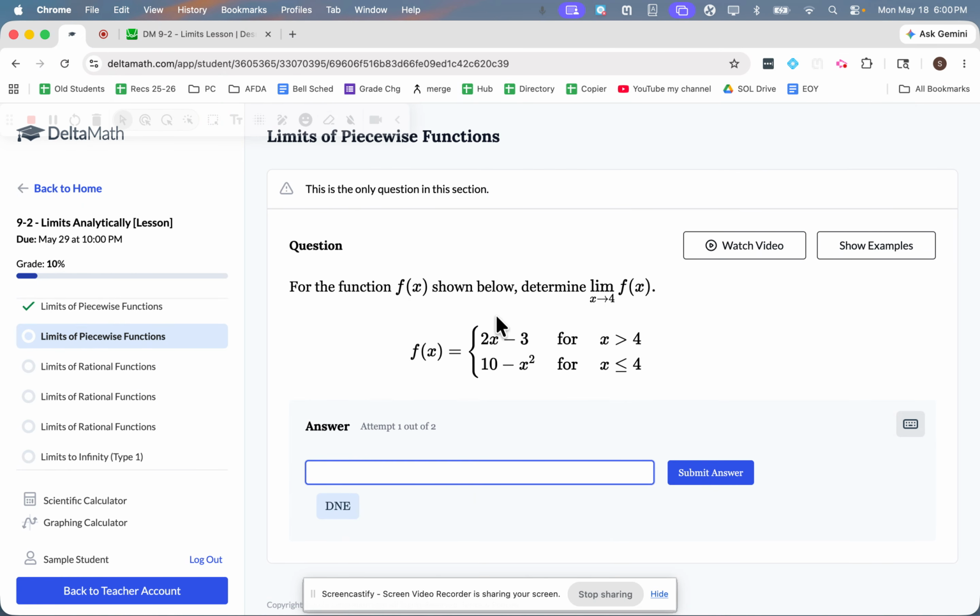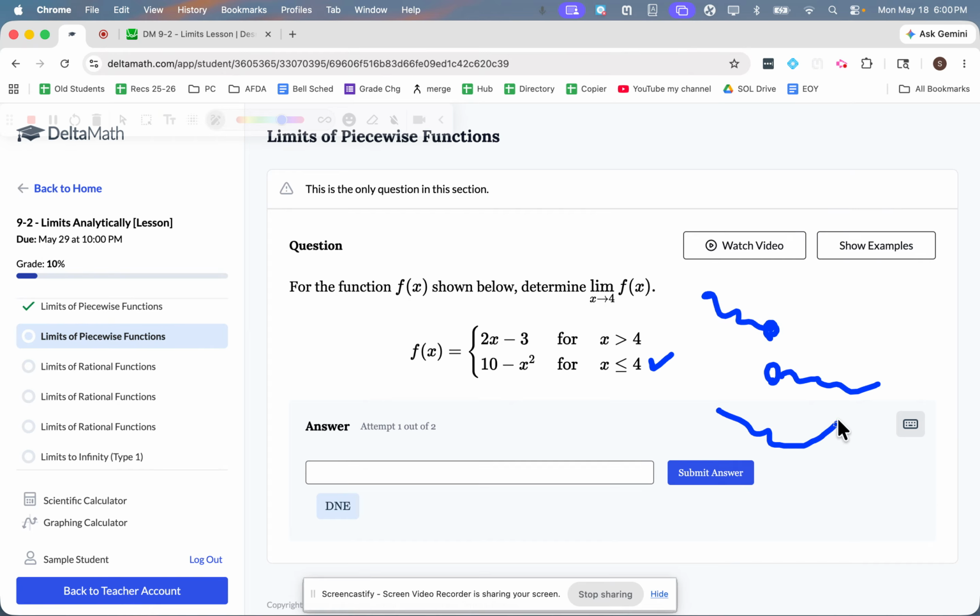We don't really need to know what it literally looks like. It could look like something weird that goes here, and then this is for x less than or equal to 4. And then for the other one, maybe it's something like that.